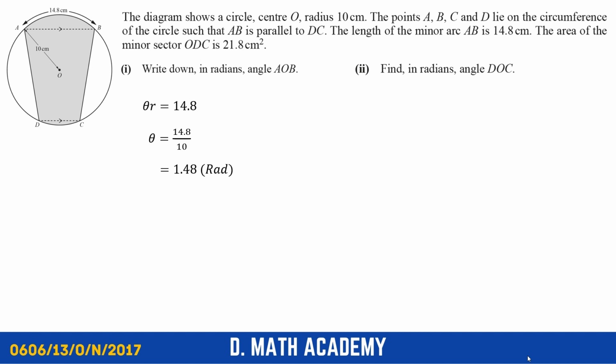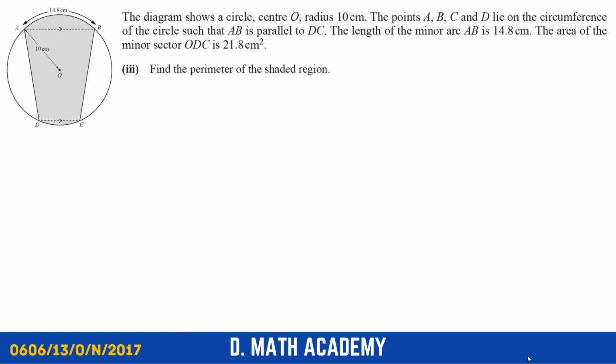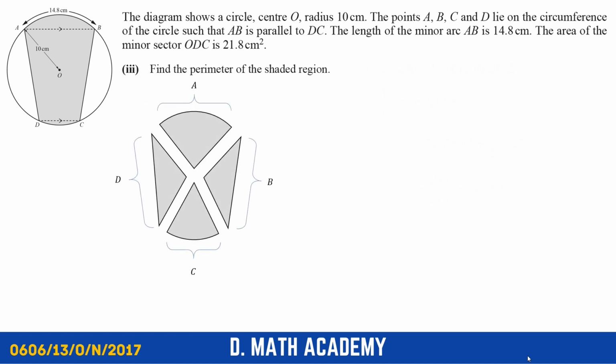For that, we are using the minor sector area, 21.8. So 1 over 2 times theta times r squared equals 21.8. Theta will be 21.8 divided by 1 over 2, divided by 10 squared. Through that, you will get 0.436 radian.